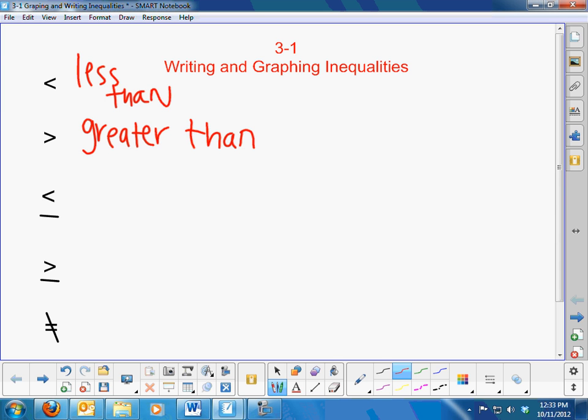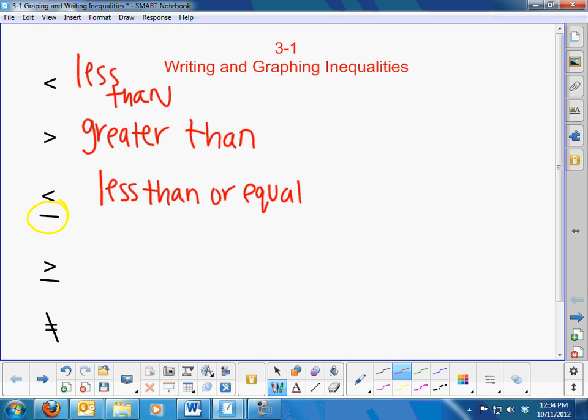Well, the way that those are different is in this little symbol right there, that little line. The line underneath the less than symbol means equal to. So what this symbol means is less than or equal to.